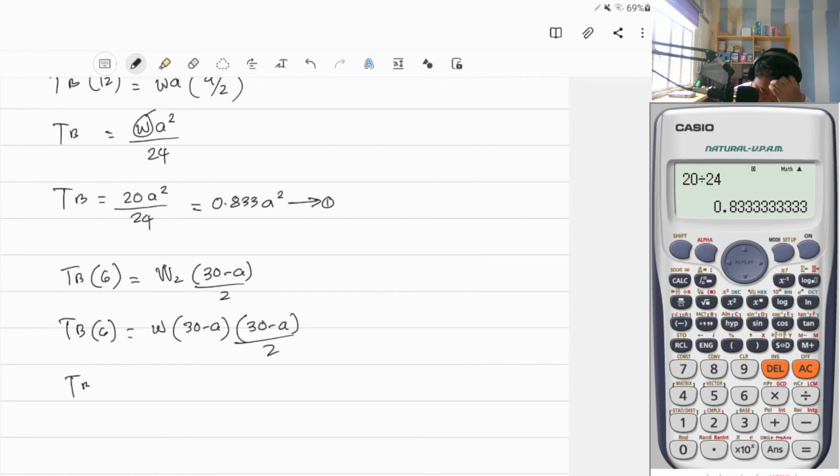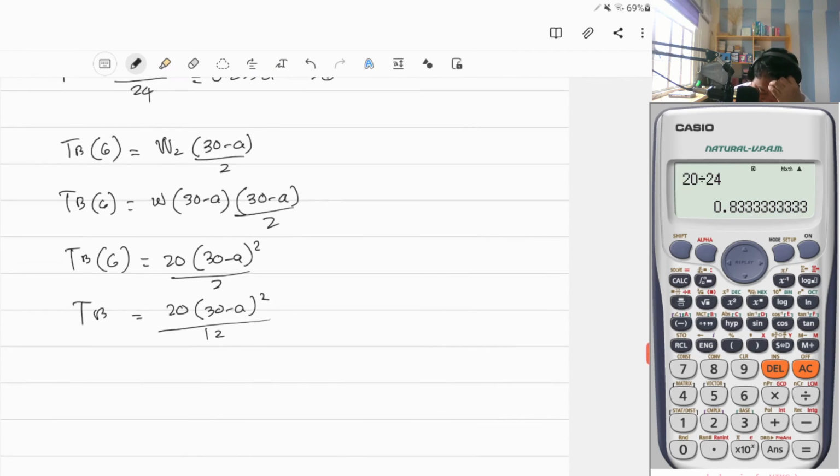By the way, let's substitute first. The w is 20. 30 minus A squared over 2. So TB is equal to 20 (30 minus A) squared over 12.